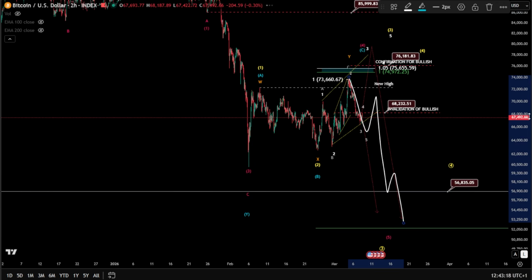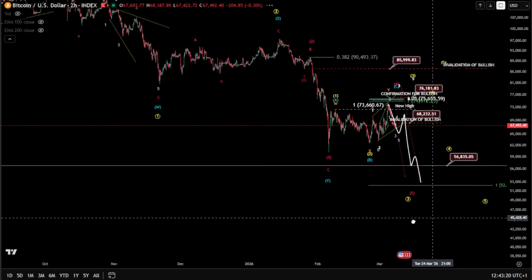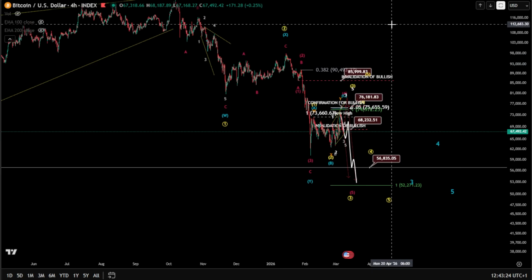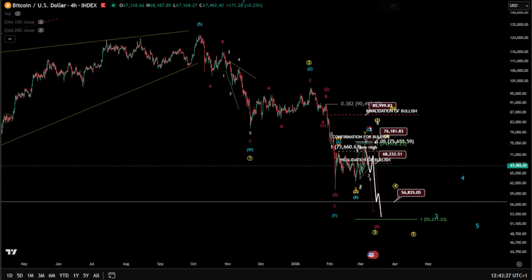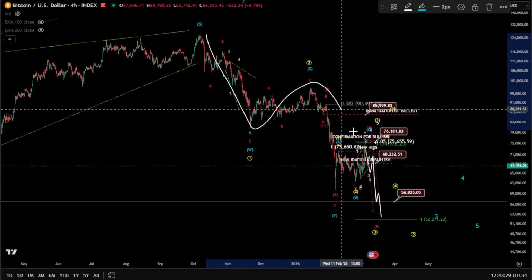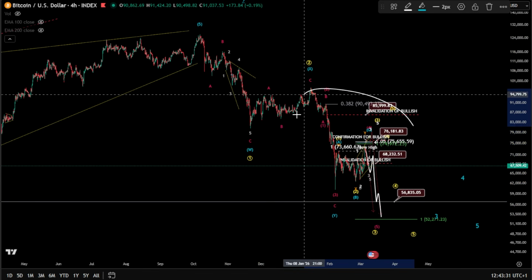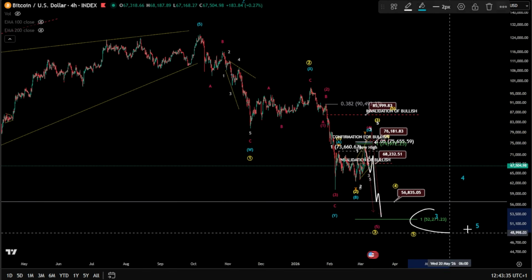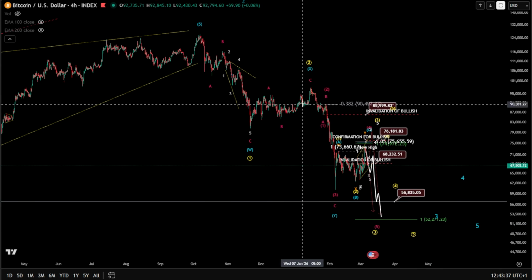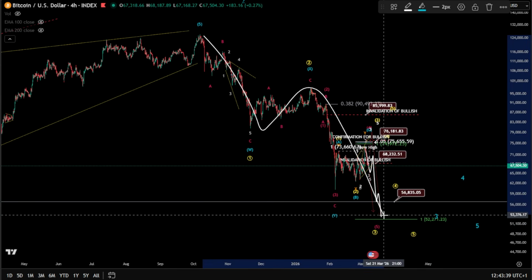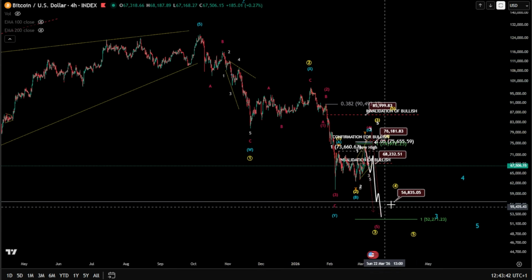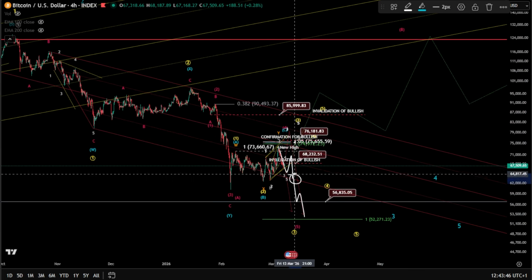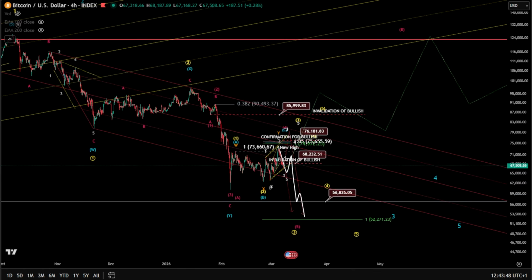Another bigger impulse to reach new lows as expected, still the 52K that we have been expecting for the last weeks, as in a WXY. So this still can be a 1, 2, 3, 4, and a 5. We're going to watch the 1-to-1 fib level as a W, X, and a Y. We'll see the reaction over there, and we'll see if this base channel will be broken, because this is the most important thing here.